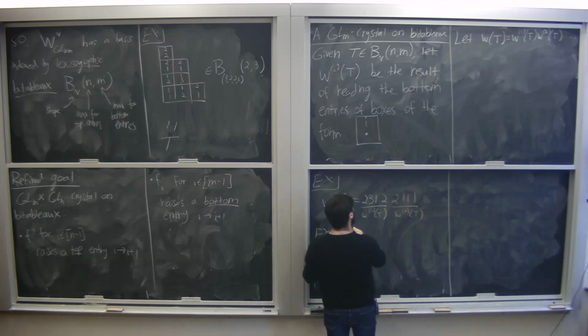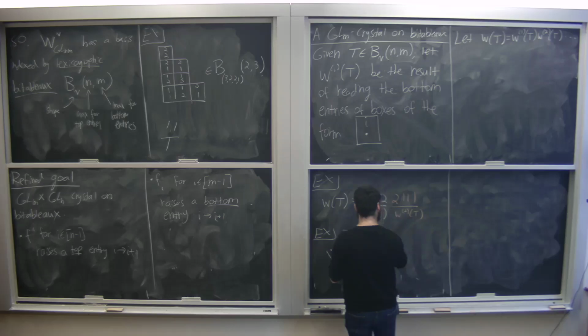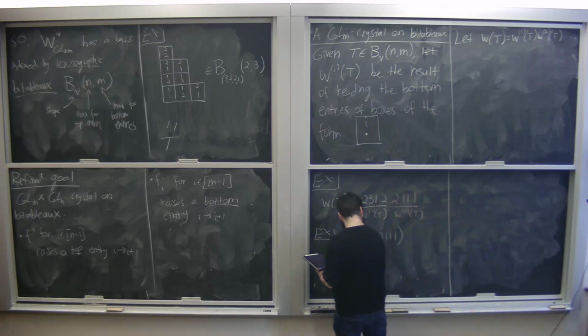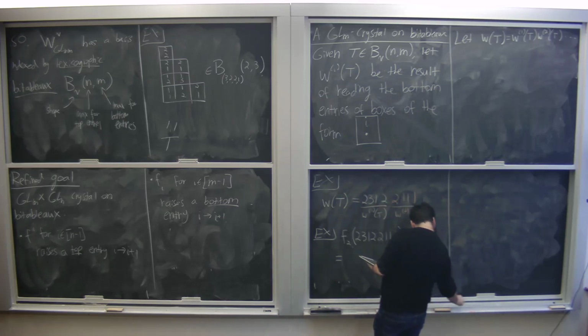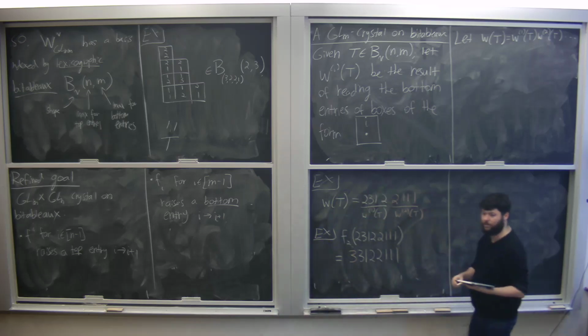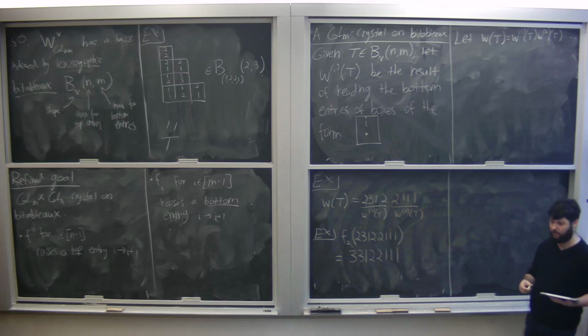Note that if I apply this parenthesization operation to this word, 2, 3, 1, 2, 2, 1, 1, 1, for F_2, I should end up with 3, 3, 1, 2, 2, 1, 1, 1. So I've chosen one of these 2's to raise to a 3 using parenthesization.